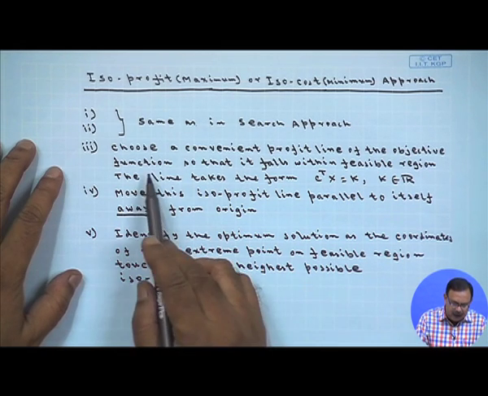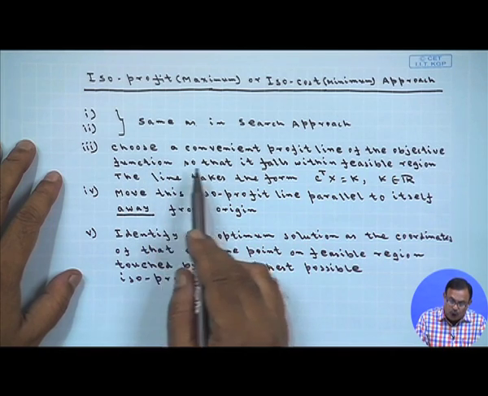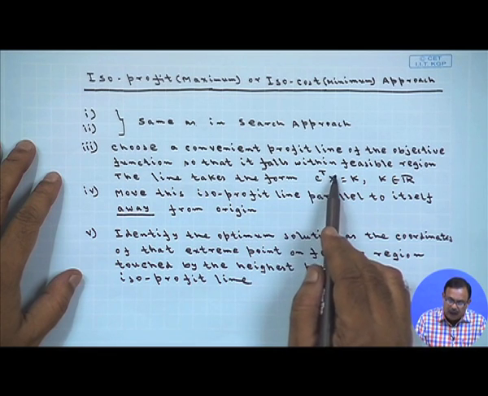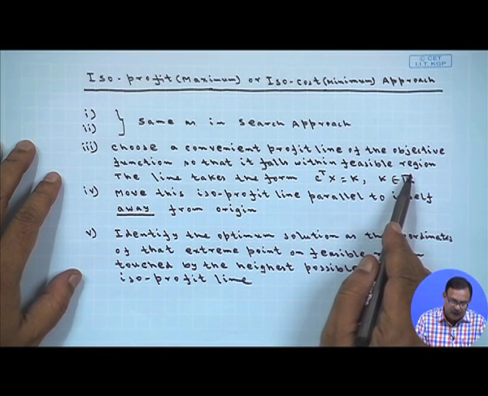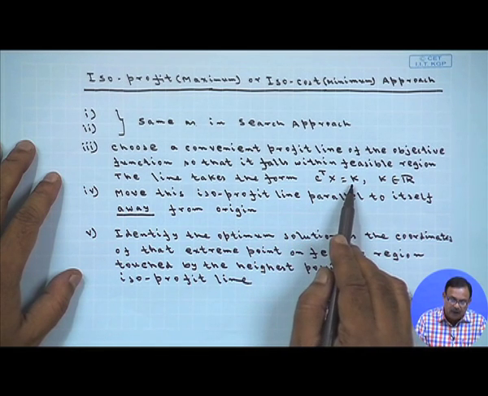Here number 3 is the important one. Choose a convenient profit line of the objective function so that it falls within the feasible region. The line takes the form C transpose x equals k.